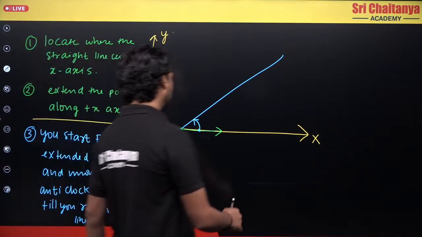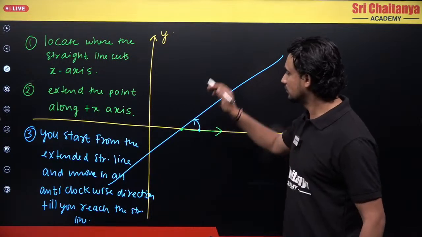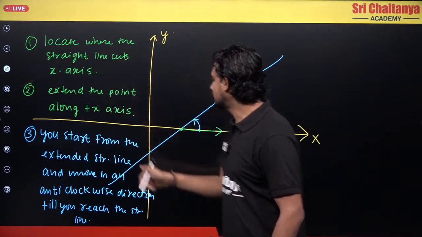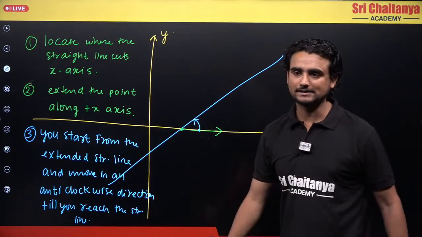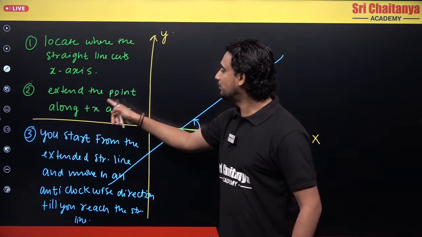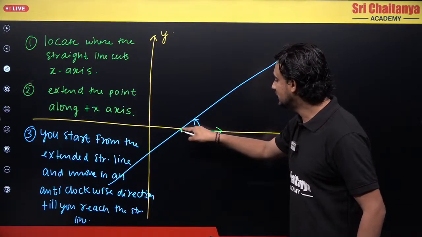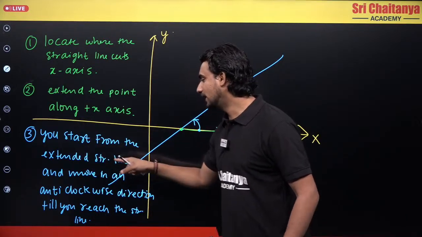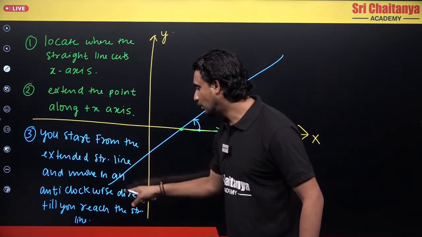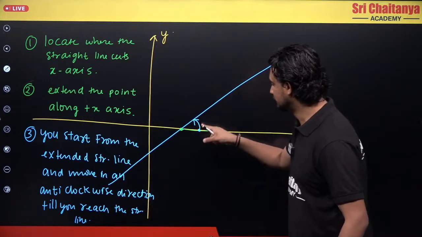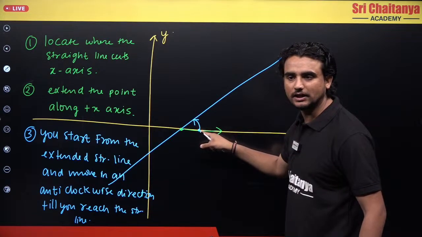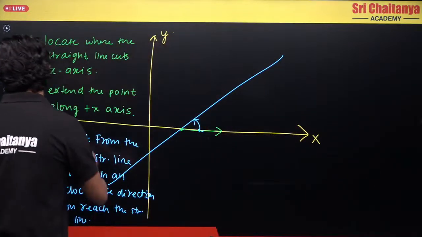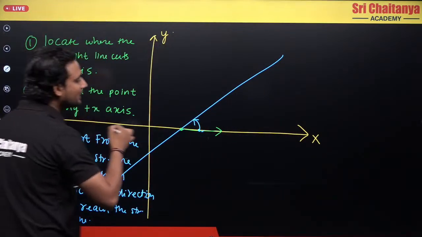So let's look at the points. Locate where the straight line cuts the x-axis. Extend the point along the positive x-axis. Start from the extended line and move in an anti-clockwise direction till you reach the straight line. Now this angle is known as theta.